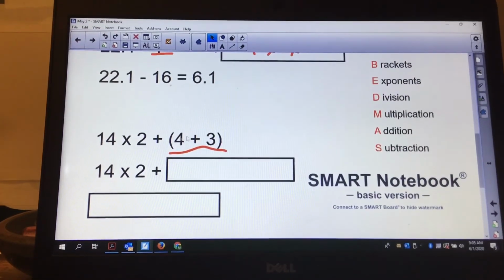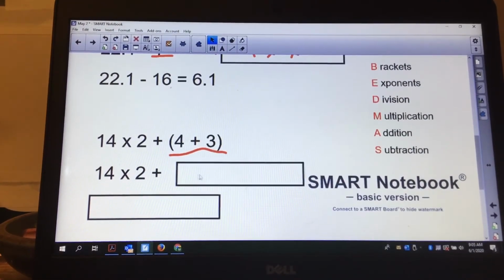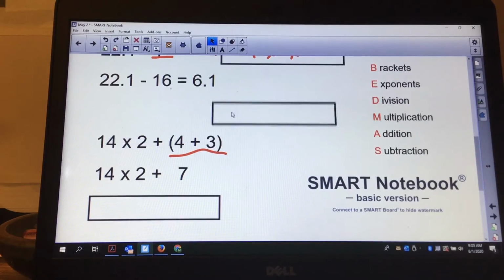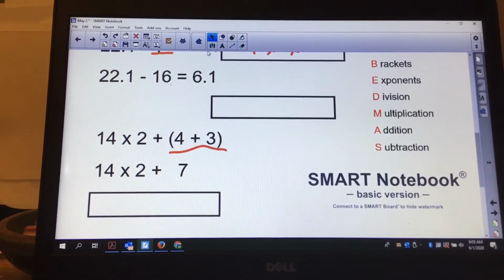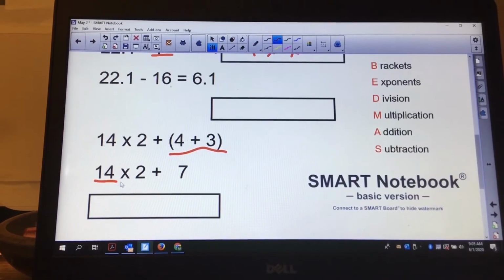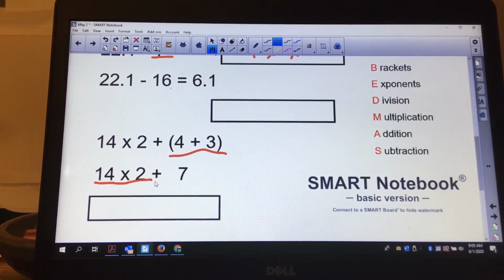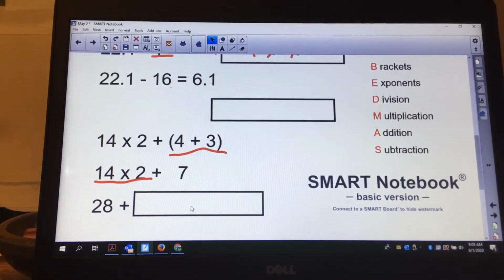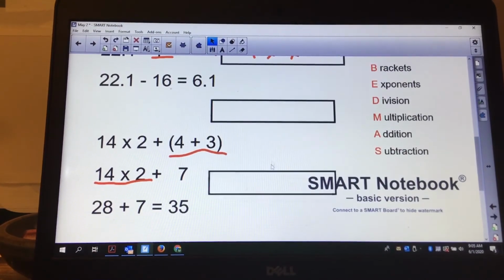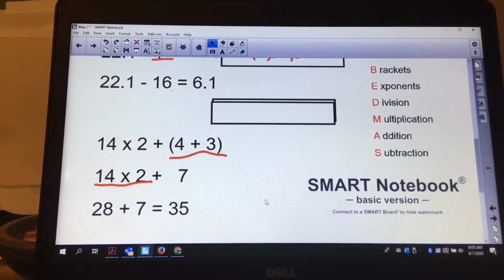The only math I've done is I've added 4 plus 3, which is in my brackets, which gives me 7. And then from here, my next step, I have to do my division multiplication. So I underline it. 14 times 2 is 28. I add my 7. I get 35.